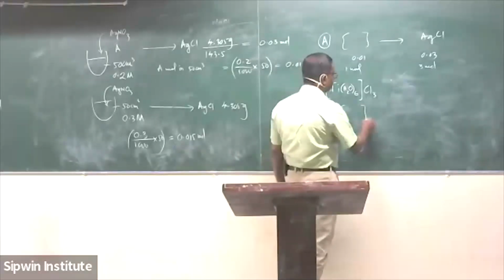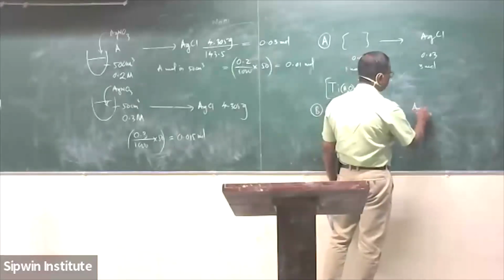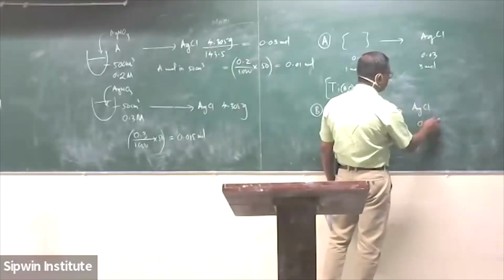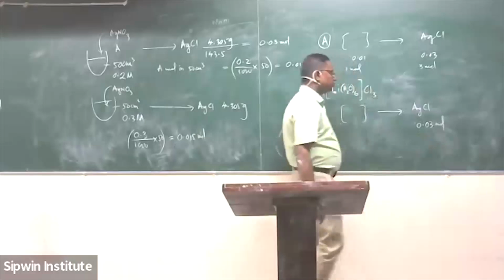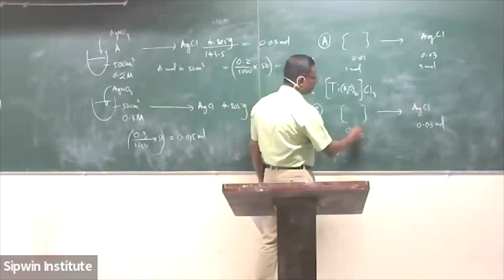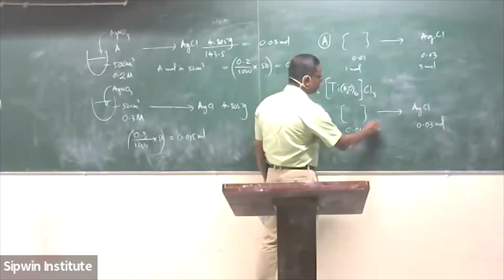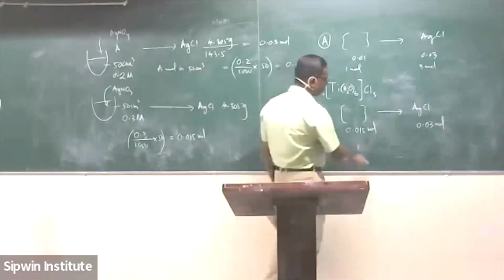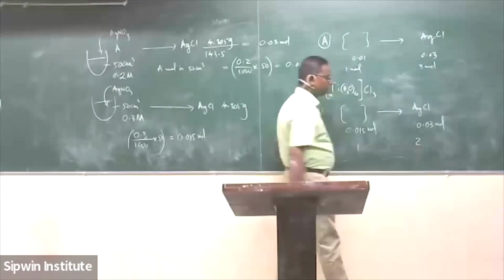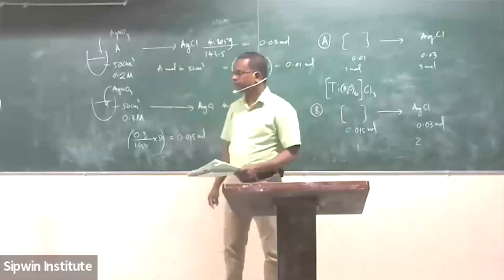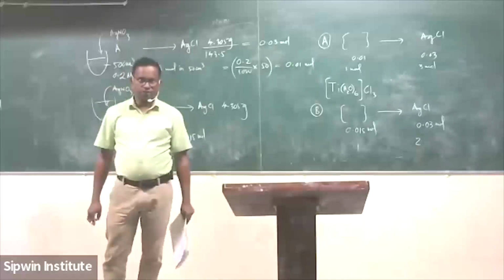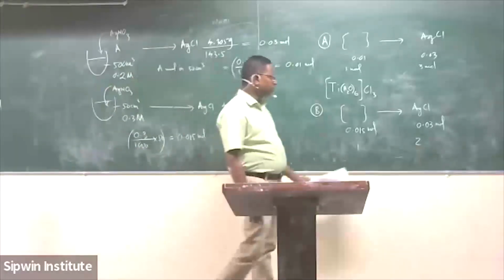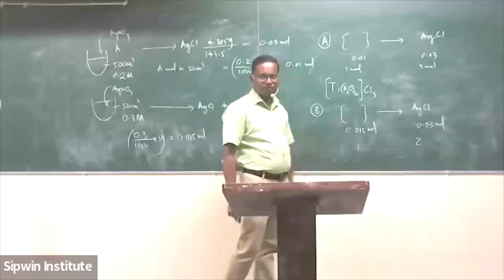So the compound gives silver chloride 0.03 moles, the same number of moles, from 0.015 moles. That means 1:2. 1 mole of compound gives 2 moles of silver chloride, so there should be 2 ionic chlorides.